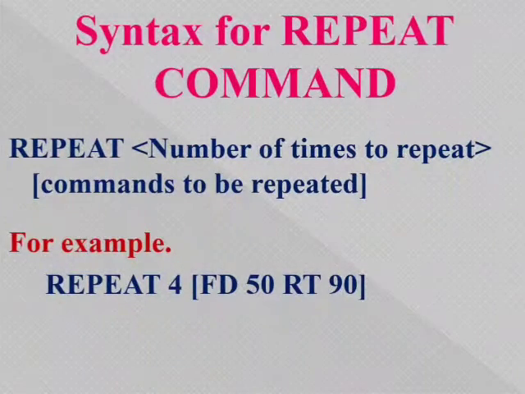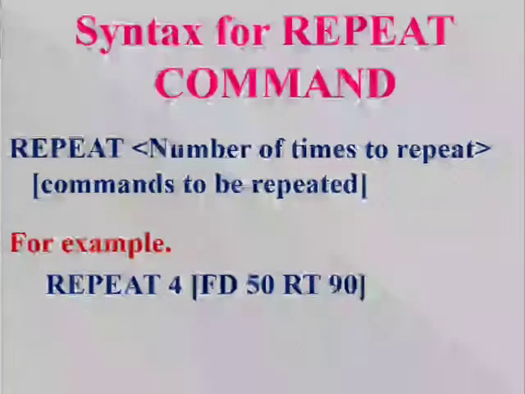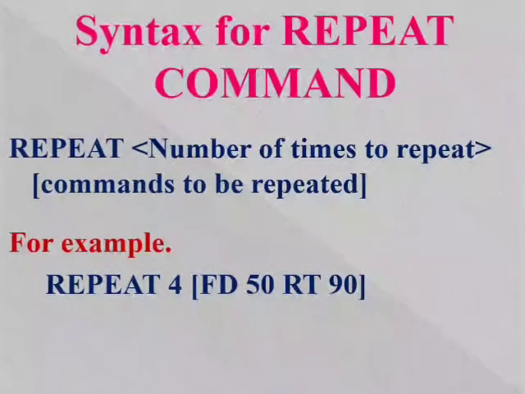हमें कितनी बार वो पर्टिकुलर स्टेटमेंट्स रिपीट करना है, दैट नंबर वी हैव टू राइट. एंड राइट द लिस्ट ऑफ कमांड्स टू बी रिपीटेड इन स्क्वायर ब्रैकेट्स. द कमांड्स आर सेपरेटेड बाय पुटिंग अ स्पेस बिटवीन देम. फॉर एग्जाम्पल, रिपीट 4. हमें 4 टाइम्स रिपीट करना है तो हमने 4 लिखा. कौन से कमांड्स रिपीट करने हैं?